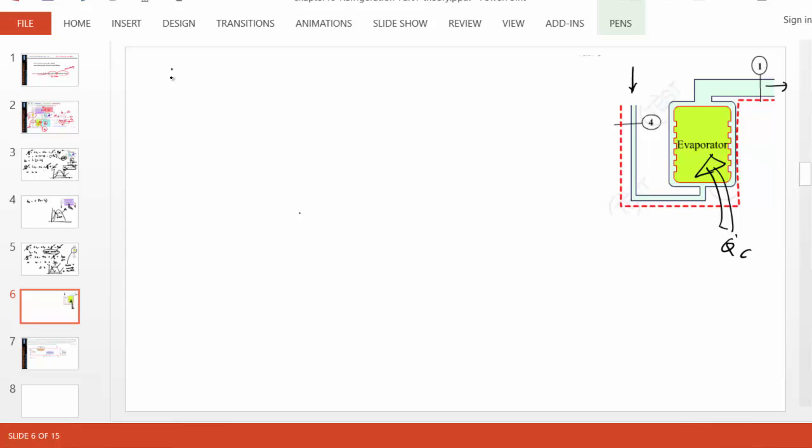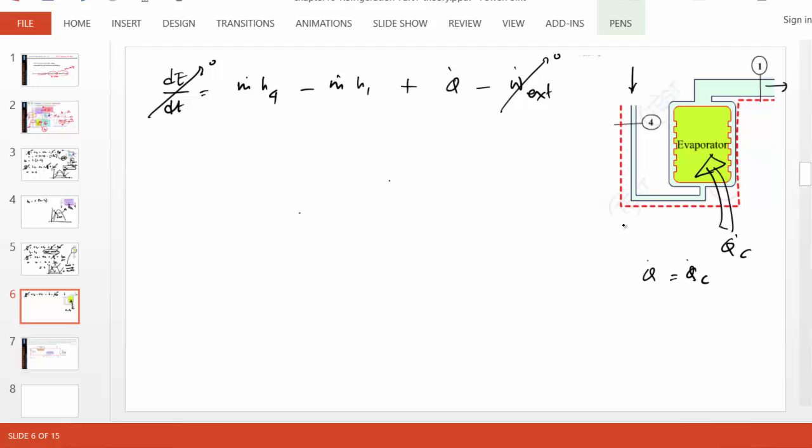So if we do an energy analysis of the evaporator, m dot H4 is coming in, m dot H1 is going out, plus Q dot minus W dot, that's the standard energy equation, steady state, no external work. And we recognize that Q dot and Q dot C are equal through our sign convention because heat in is positive, Q dot C is going in.